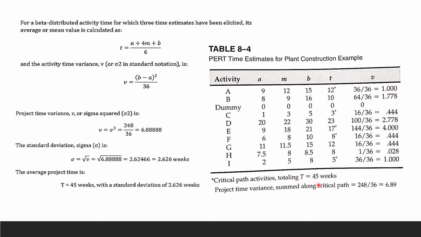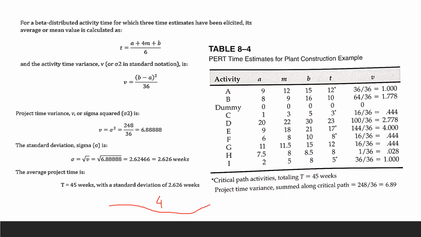You can see right here under the table. We're going to complete the report by saying the standard deviation is plus or minus 2.626 weeks. The longest is going to be 45 plus 2.6, so that's about 3 weeks more, so you have 48. Let me draw that up so you can see.